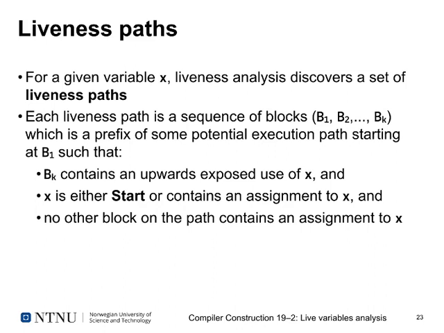And this is a prefix of some potential execution path that starts at B1, so that our final block in this path, Bk, contains an upwards exposed use of our variable x, and x is either in our start set, or it contains an assignment to x, and we have to ensure no other block on the path contains an assignment to x, which would just kill and redefine its value.